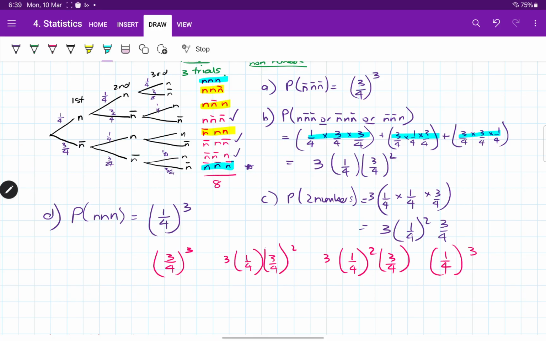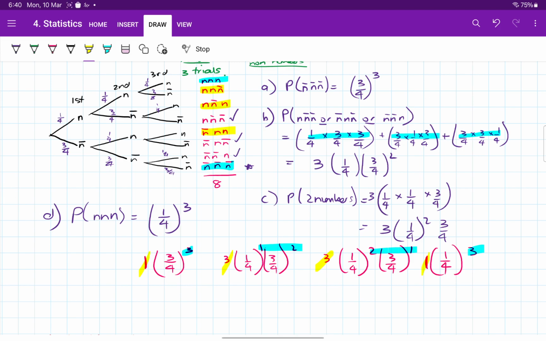So let's highlight a couple of things. 3, 1, 1. So 1 and 2, 2 and 1. And if I want, I'm going to put a coefficient there and a coefficient there. So you may have seen things like this before. 1, 3, 3, 1. You may recognise that from somewhere.